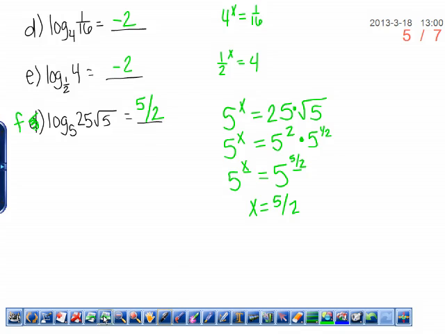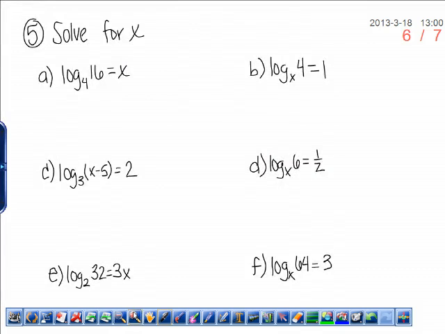All right. Let's solve some simple logarithmic equations. So I have log base 4 of 16 equals x.